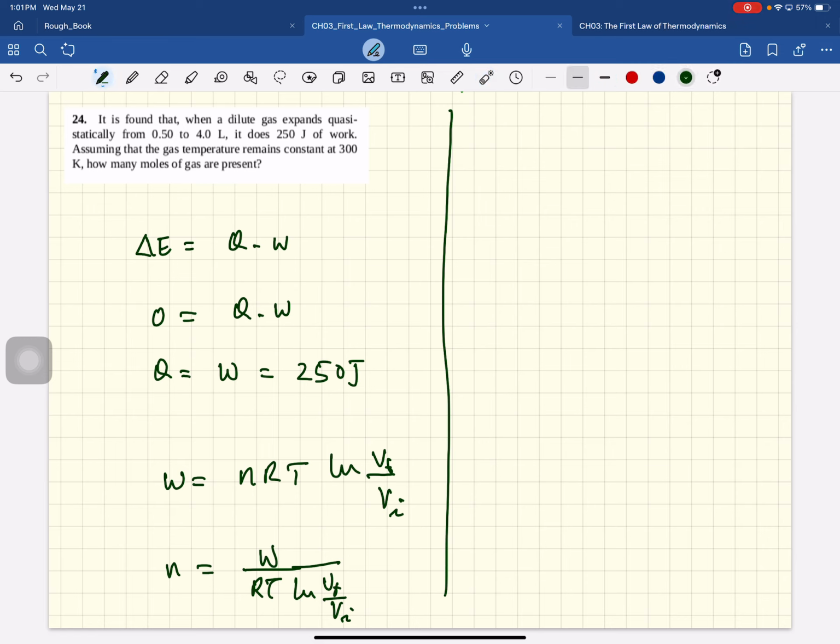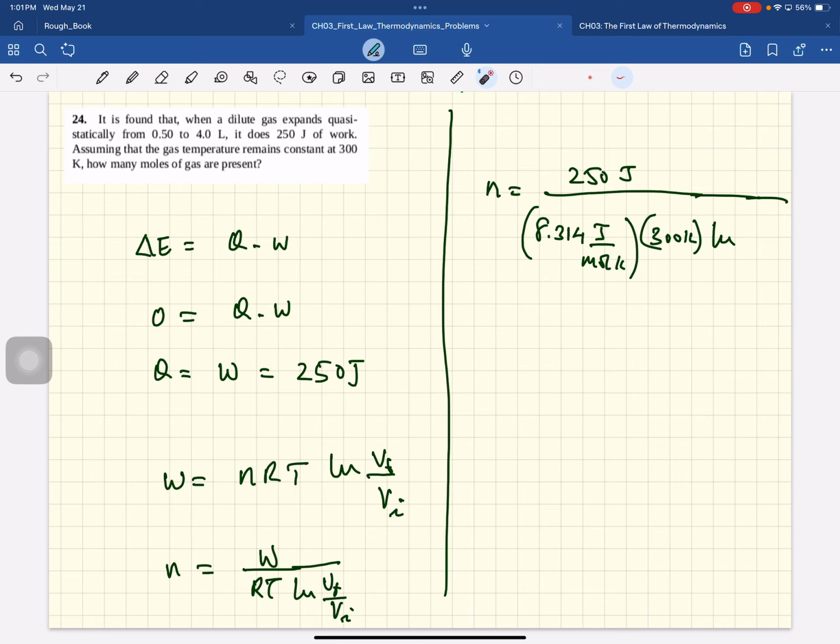But anyway. So the number of moles n: the work done is 250 joules. R is 8.314 joules per mole per Kelvin. The temperature is 300 degrees Kelvin. Log. Now you don't have to convert the volumes because it's a ratio. 4 divided by 0.5 is 8.